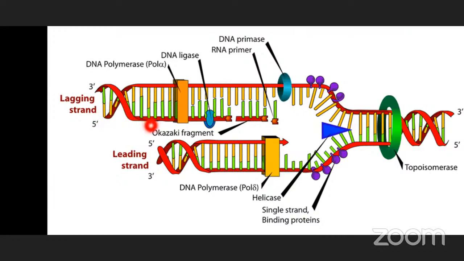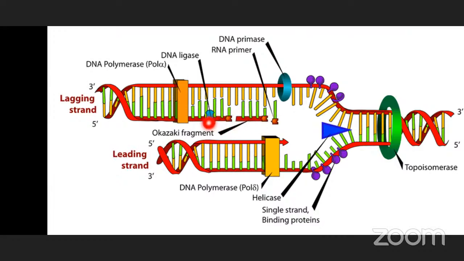In the lagging strand, the newly synthesized DNA is formed in small fragments, and these fragments are called Okazaki fragments. Listen clearly here: in the case of the lagging strand, the newly synthesized DNA is developed in small fragments.